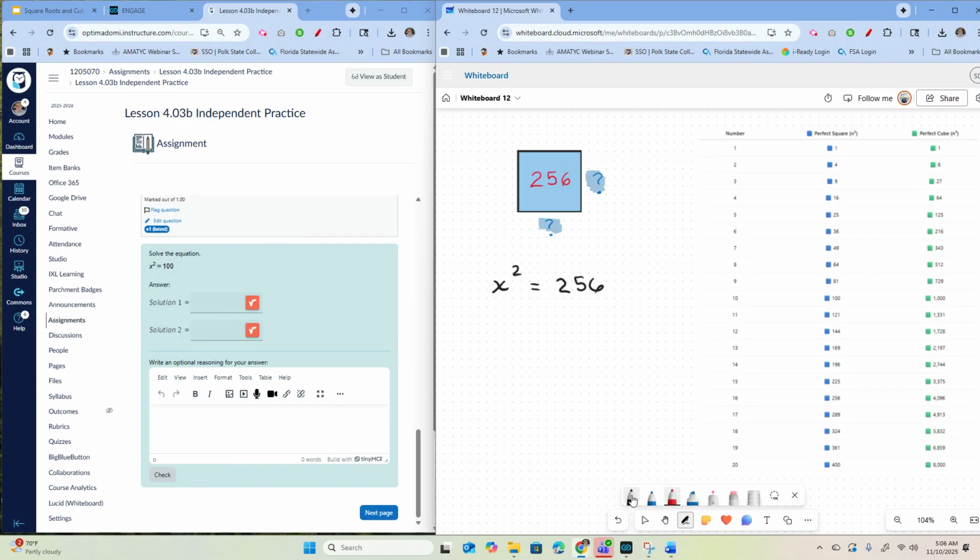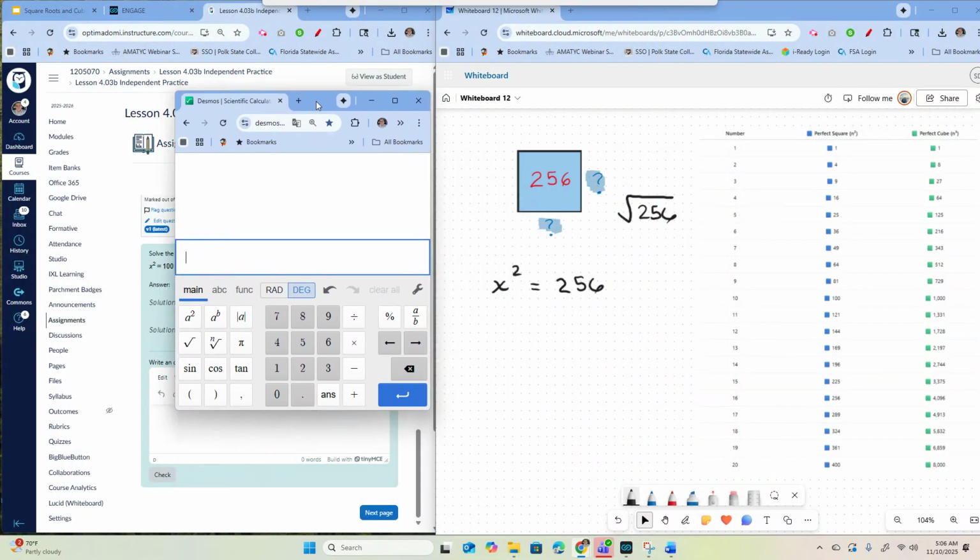And like we did in the previous class, this is square root. So we're working with the square root of 256. And for this, I suggest you take the calculator and do it first in the calculator. And you can see I got an exact answer. So the question mark, which is the x, is going to be 16.